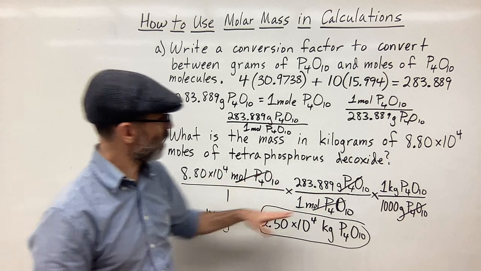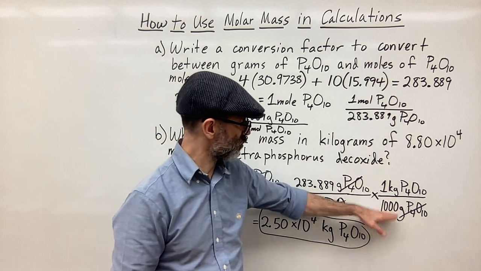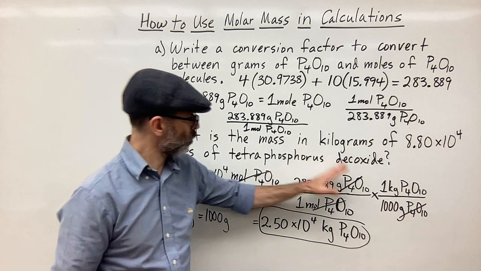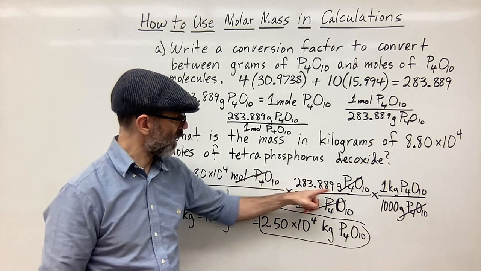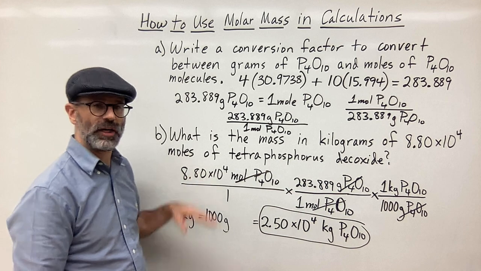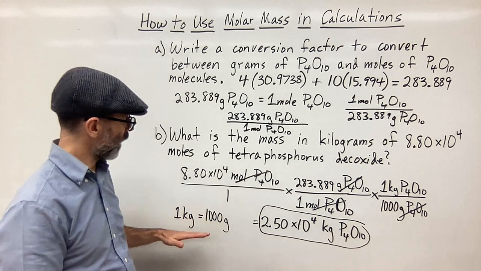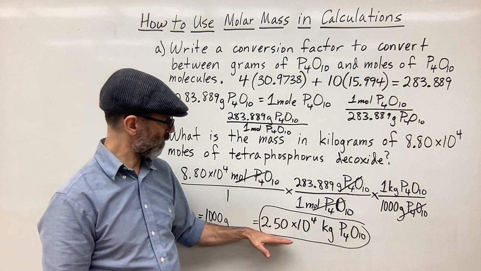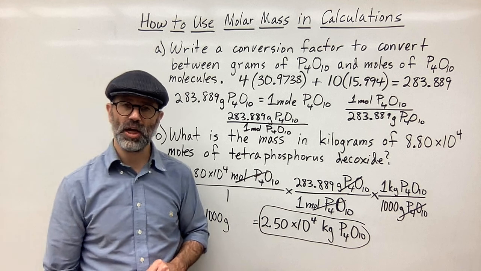So here, the 1 to 1,000, that's exact because this is metric to metric mass. This is molar mass, and you'll notice the molar mass has 6 significant figures. And here we have 3 significant figures. 3 is the smallest number of sig figs. So that means that our answer should have 3 sig figs. So we have 2.50.